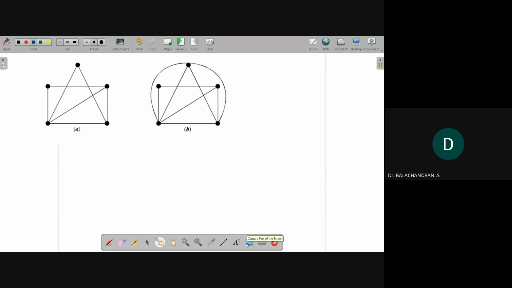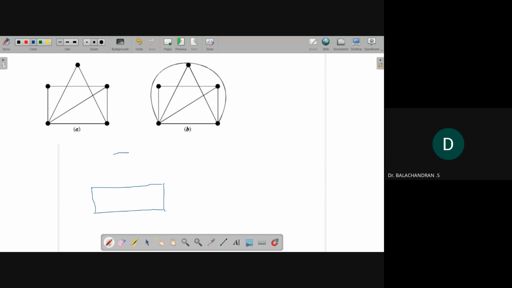Here, this is the original graph. 1, 2, 3, 4, 5. I'll join like this. Now there is no intersection. I don't have any problem. Now, if I draw like this, it will intersect.